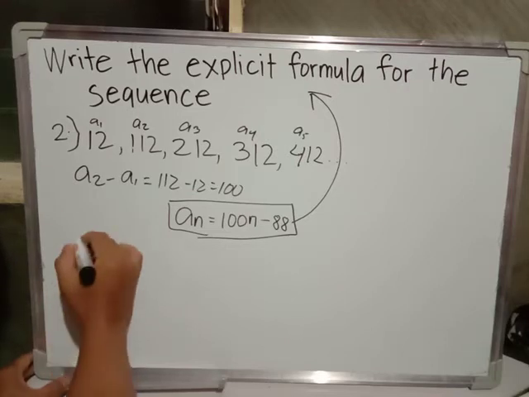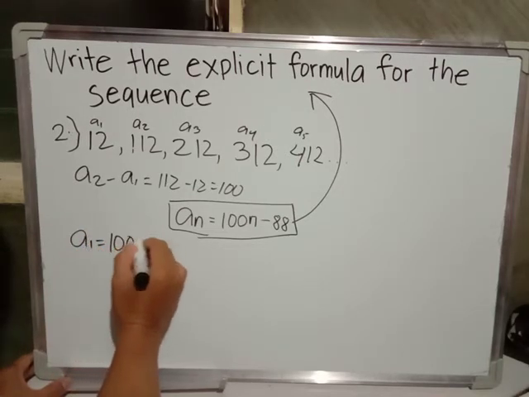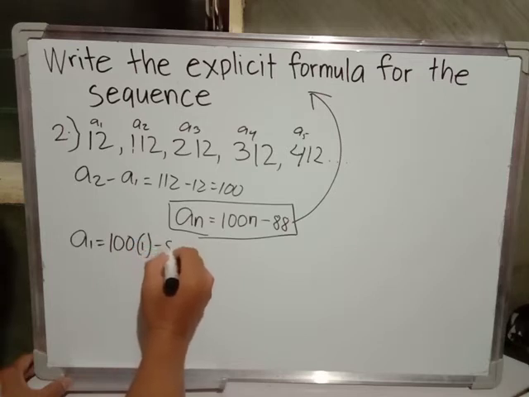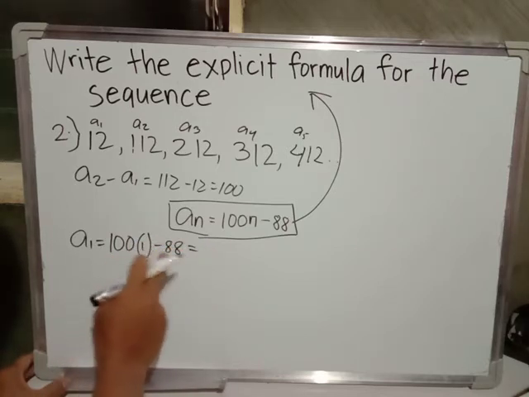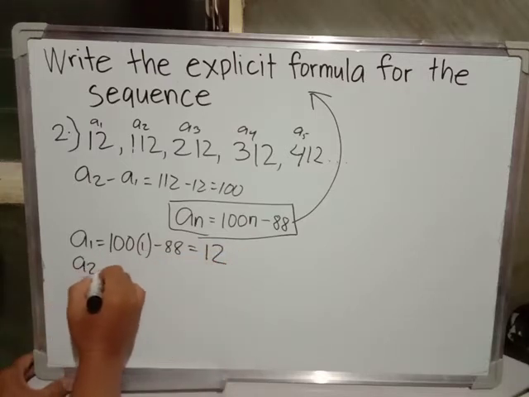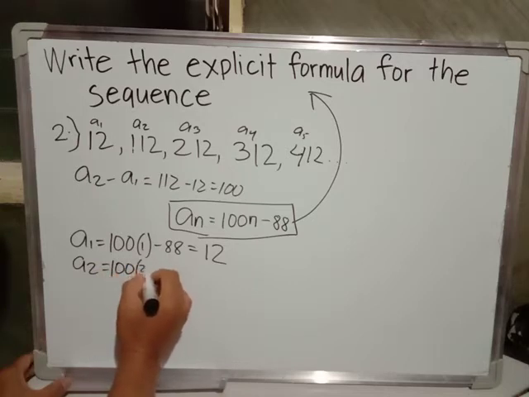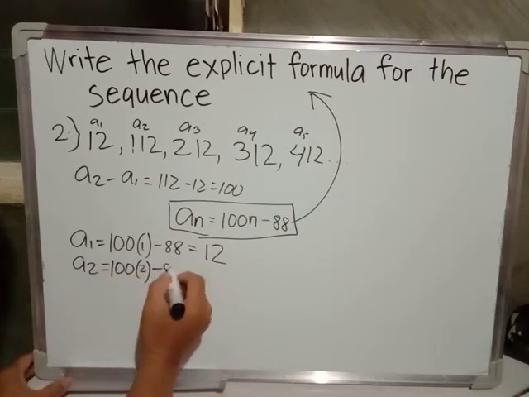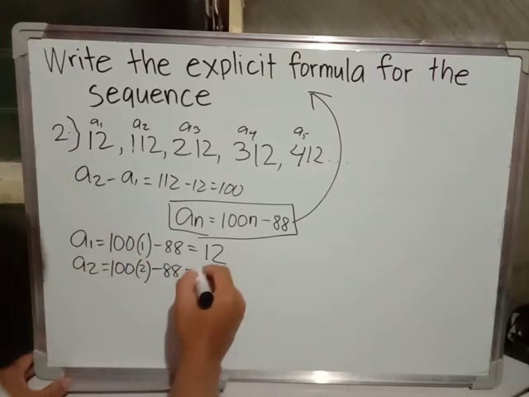Okay, let's check. E1 is equal to 100 times 1 minus 88, 100 minus 88 is 12. E2 is 100 times 2 minus 88, 200 minus 88 is 112.